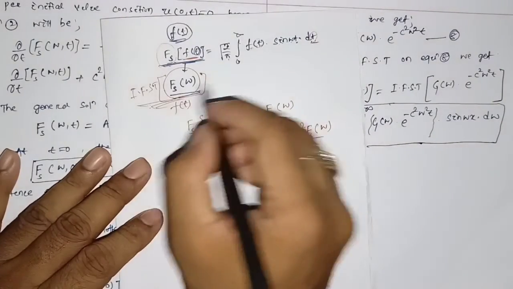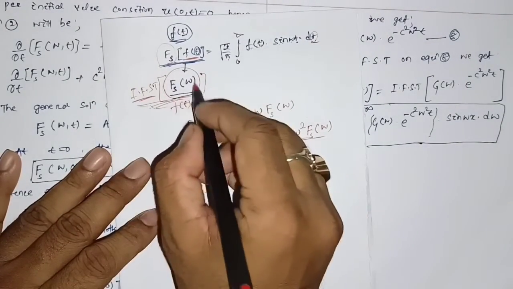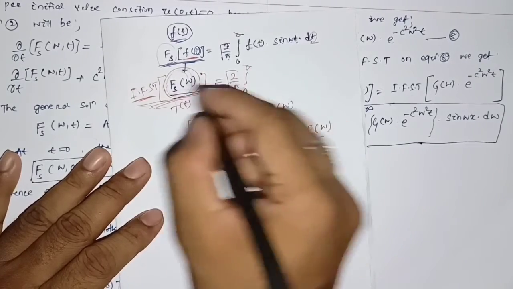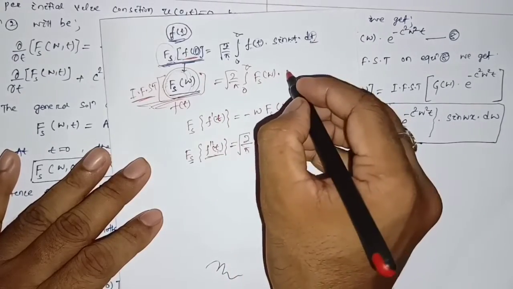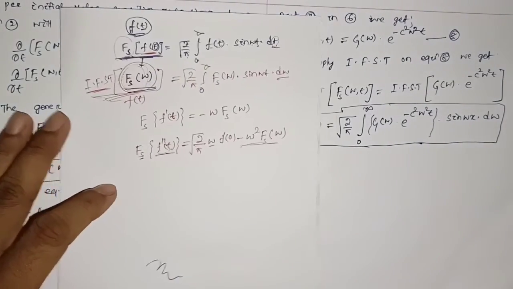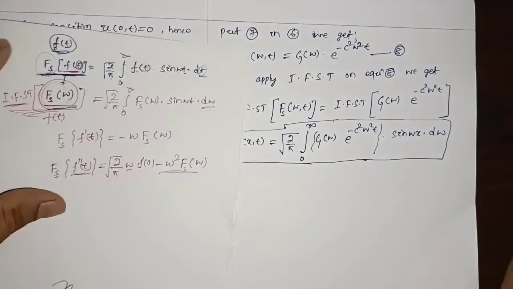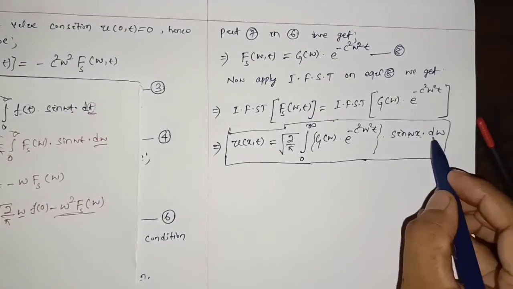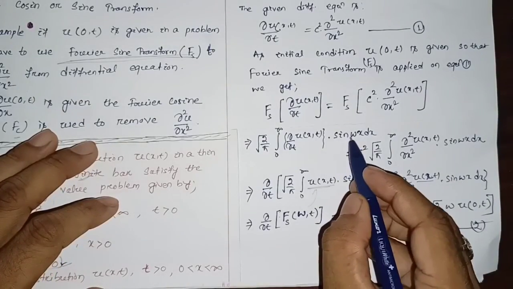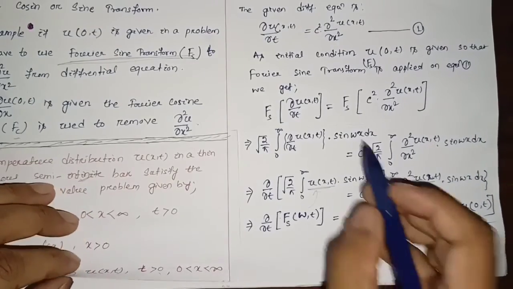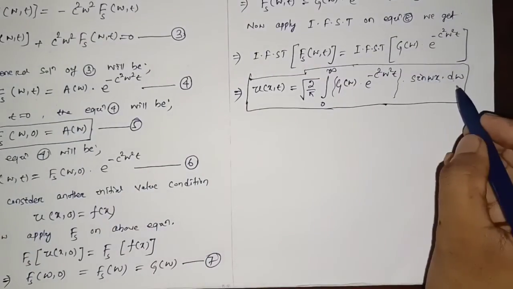This will be written as root over 2 by pi, integral from 0 to infinity, capital Fs(omega) sine omega t into d omega. Same thing, but in our case it is sine omega x. At the time of the Fourier sine transform we wrote sine omega x dx, so obviously for the inverse Fourier sine transform it will be sine omega x into d omega.